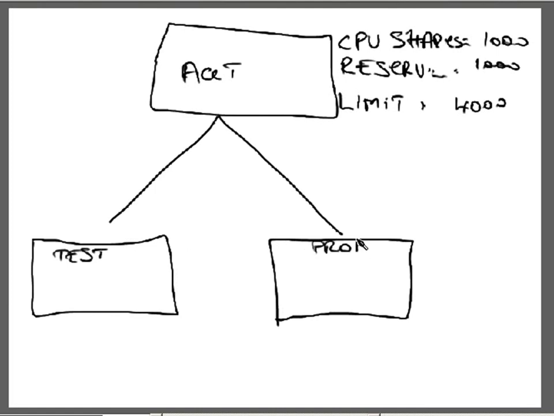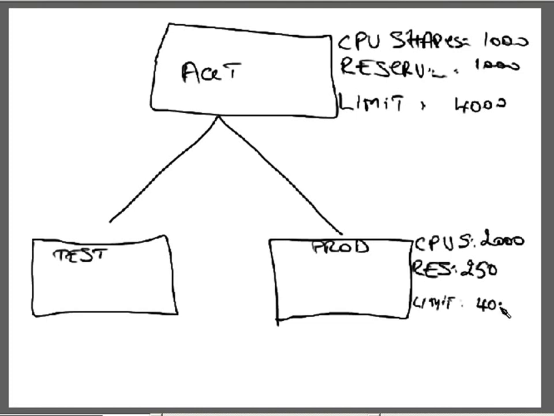Now, in the production pool, for CPU shares, and I'm just going to say CPU S here, you guys are going to know what that means, it's 2,000. For the reservation, res, we're going to make it 250, and for the limit or the cap, we're going to make it 4,000.